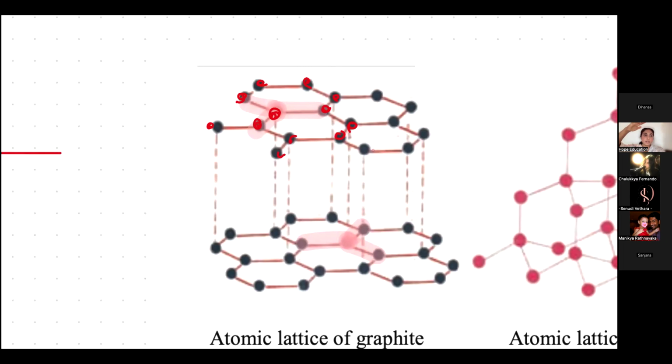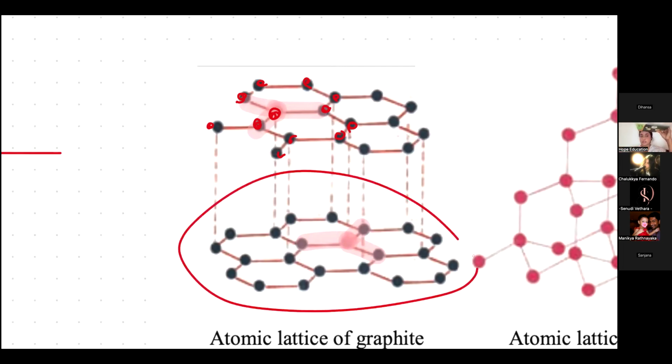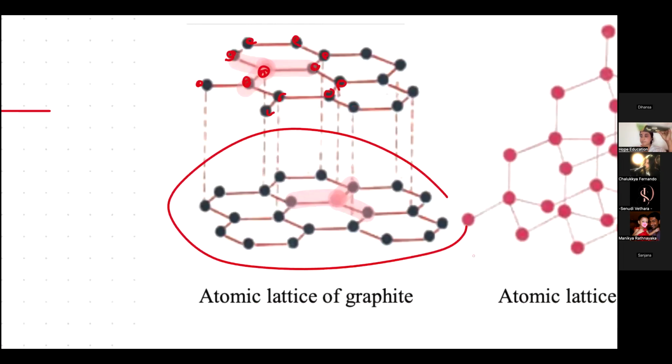If I show this layer using this book, let's say this is the top layer. This is how the layer is. So every carbon atom has one electron remaining. Next, if we take the layer below, there is another layer. Made of its carbon atoms, and one electron remains for each.